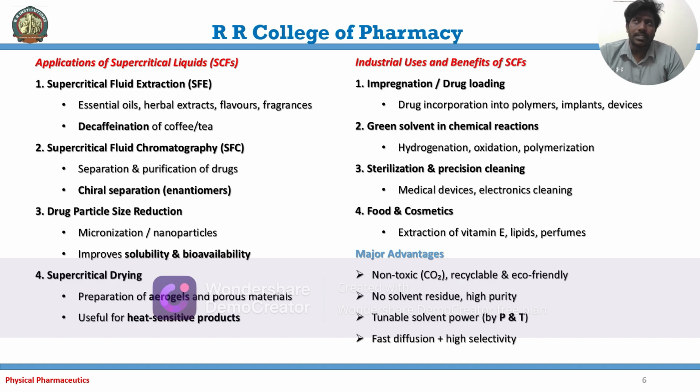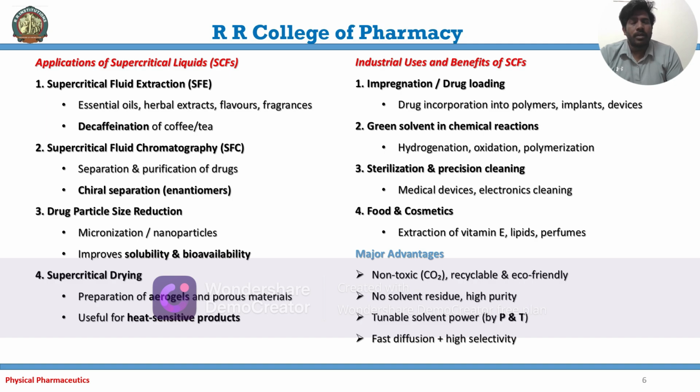In the food and cosmetic industries, these supercritical fluids are also used in the extraction of vitamin E and several lipids, and in some extraction of perfumes. The major advantages of these fluids are that they are non-toxic in nature, they can be recycled, and they are eco-friendly. No solvent residue is seen in the cleaning or sterilization process, and in the formulation of different dosage forms, and they are highly pure.